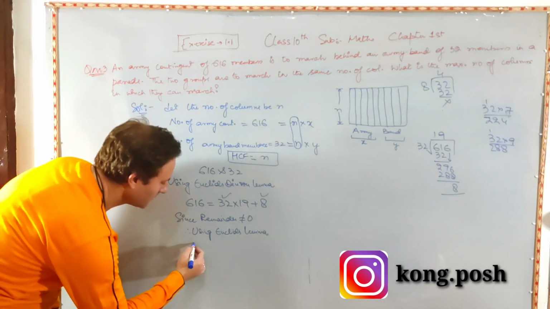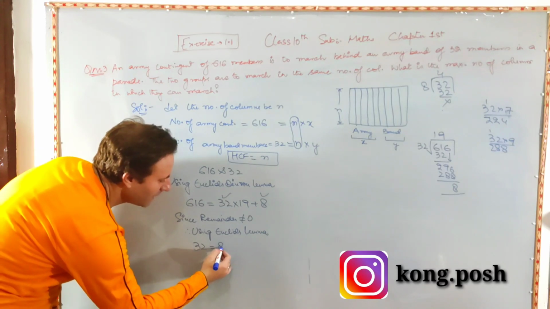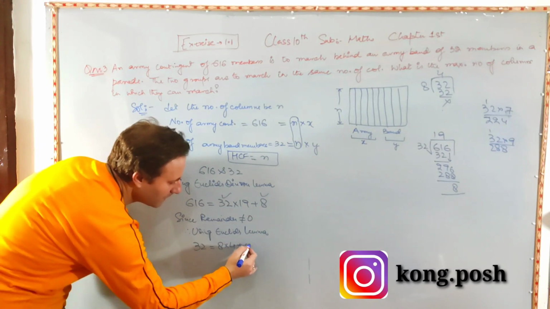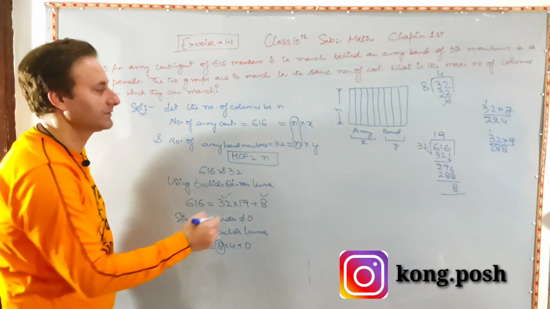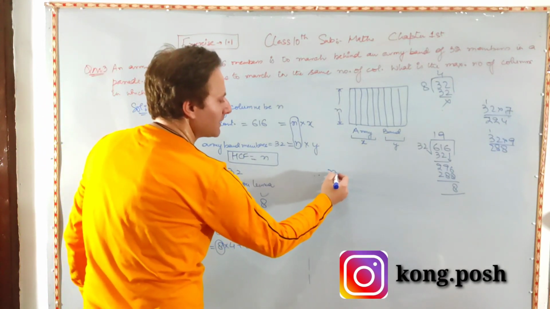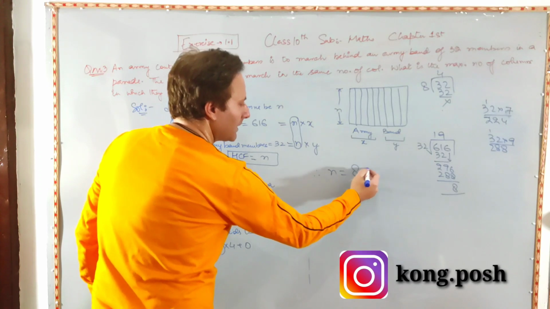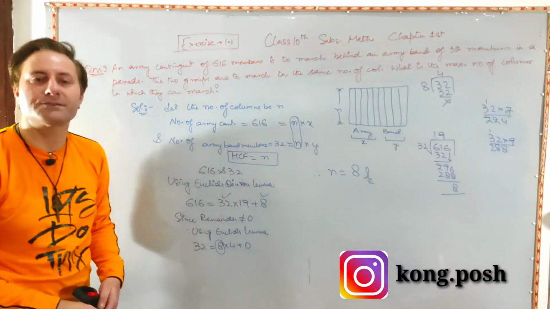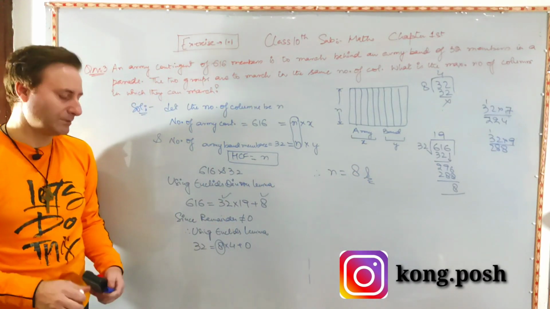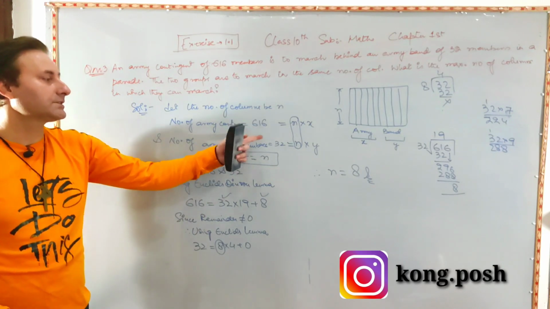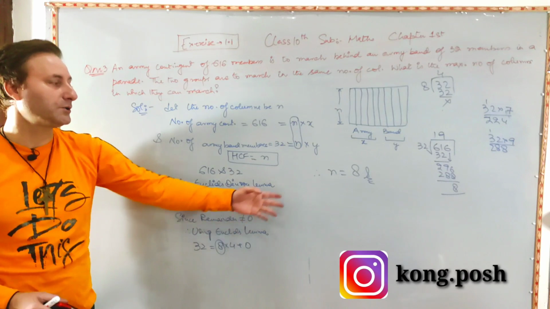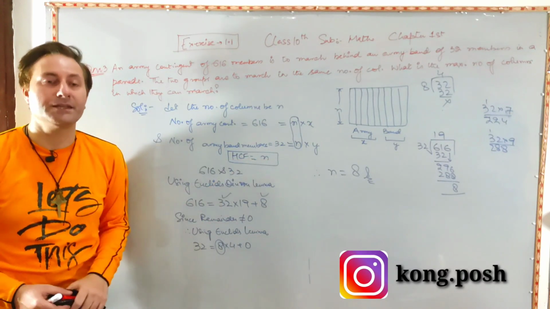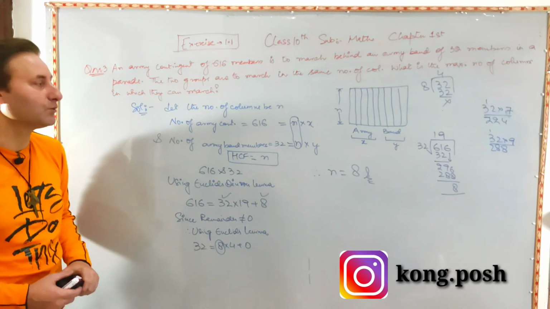So 32 is equal to 8 multiplied by 4 plus 0. So I have got the 0, so this is n. So therefore I can say n is equal to 8. This is the answer. I hope you understand this. Simple. 616 and 32, we just used the Euclid's division lemma and we got the number. So that is n. Please pause the video and make a note of it.